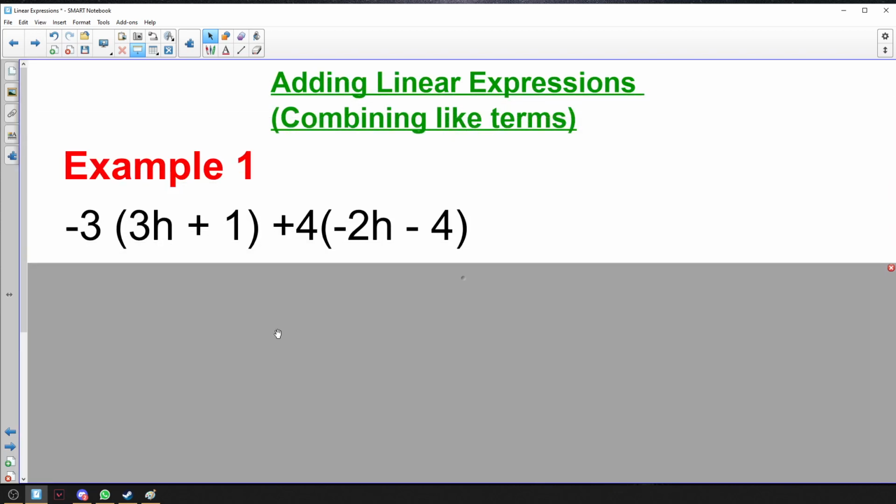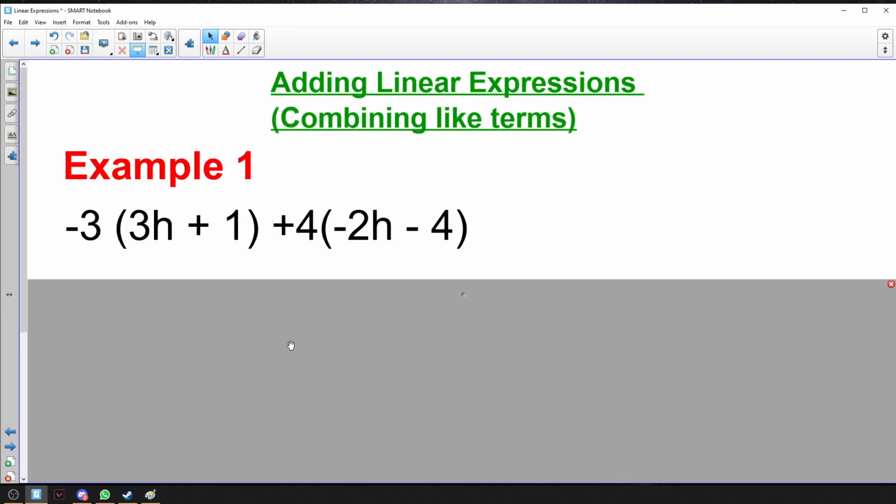So I'm going to go through the first example of worksheet 1, and then another example from worksheet 2. Hopefully this will help you understand what you need to do to solve or add these linear expressions. Like it says in the brackets, we're combining like terms, and I'll go through what a like term is.